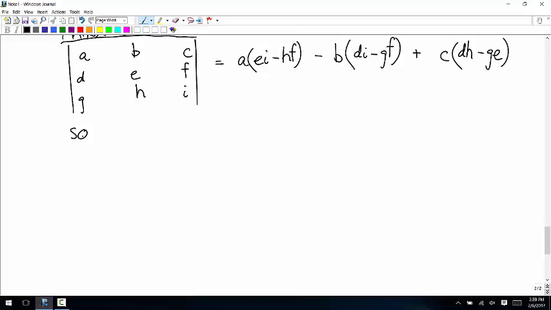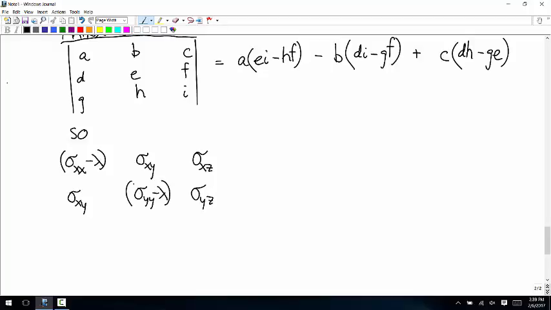And so if we're taking the determinant of sigma xx minus lambda, sigma xy, sigma xz, sigma xy, sigma yy minus lambda, sigma yz, and then the last one is sigma xz, sigma yz, and then quantity sigma zz minus lambda.